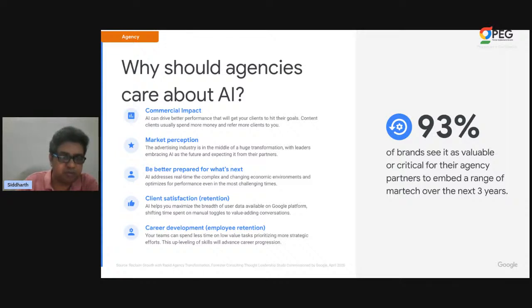So a staggering 93% feel that incorporating marketing technologies and artificial intelligence based tools like optimization score and auto apply recommendations will help them in the long run, right? And this is why it will help you with your overall market perception, your client satisfaction, and also in providing a good amount of career development for your own employees.